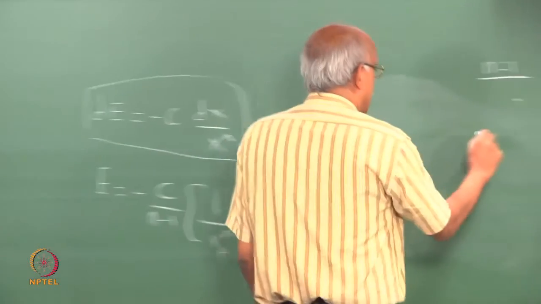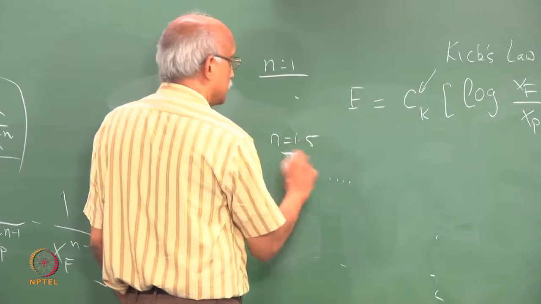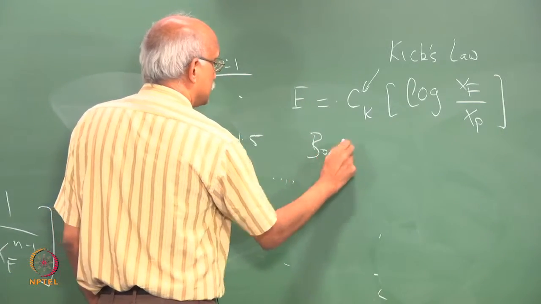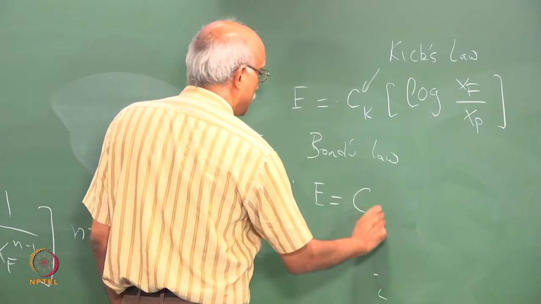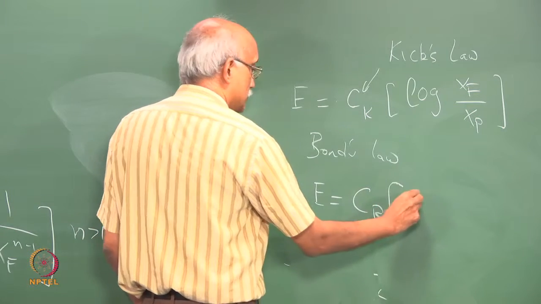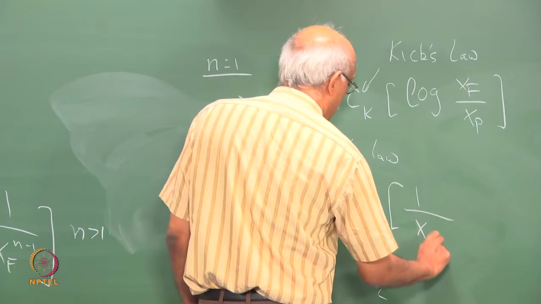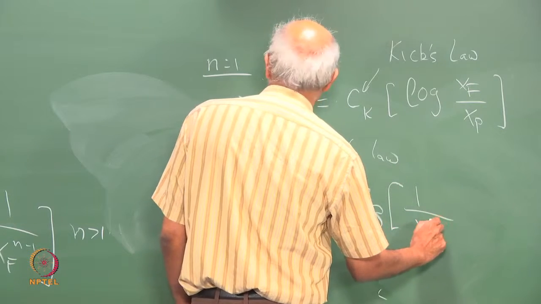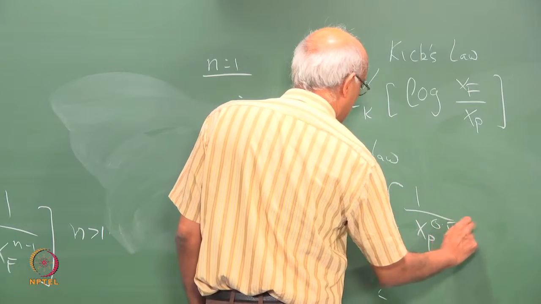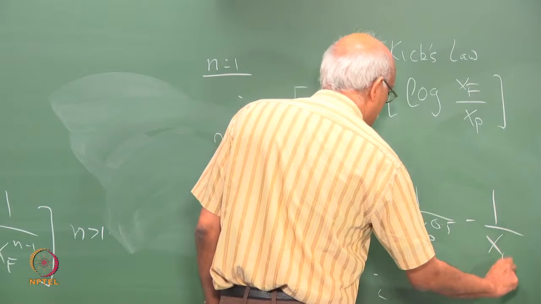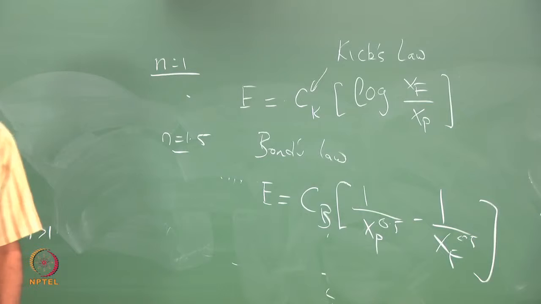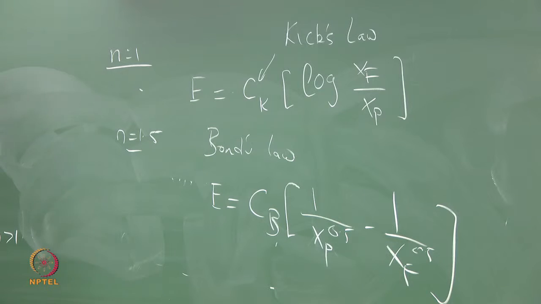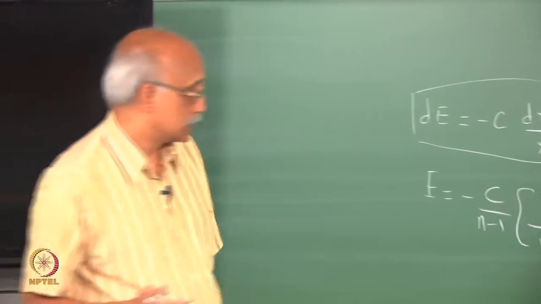When n is taken as 1.5, you get something called Bond's law, which says E equals C B times 1 over x p to the power 0.5 minus 1 over x f to the power 0.5. So, it basically says the energy required to reduce from one size to another goes as the square root of the size.